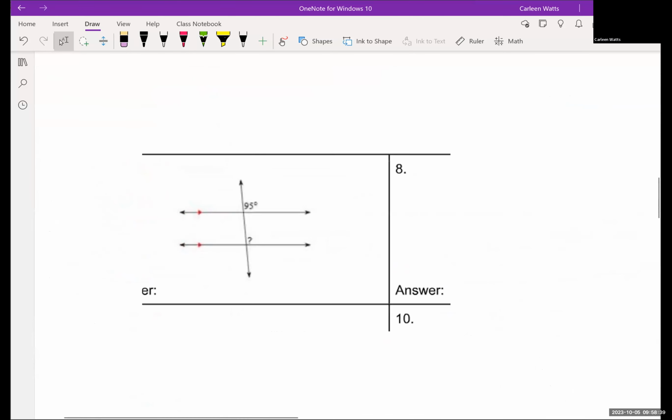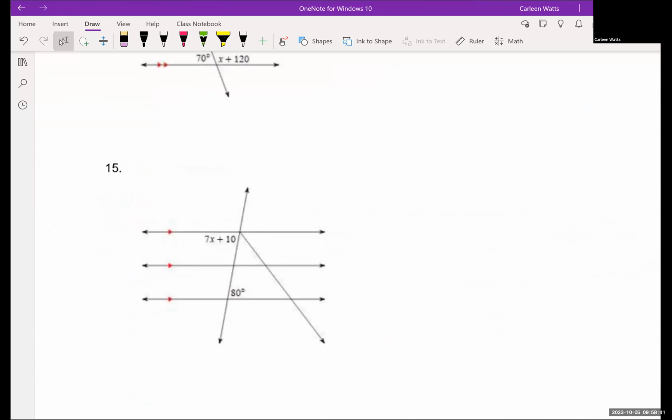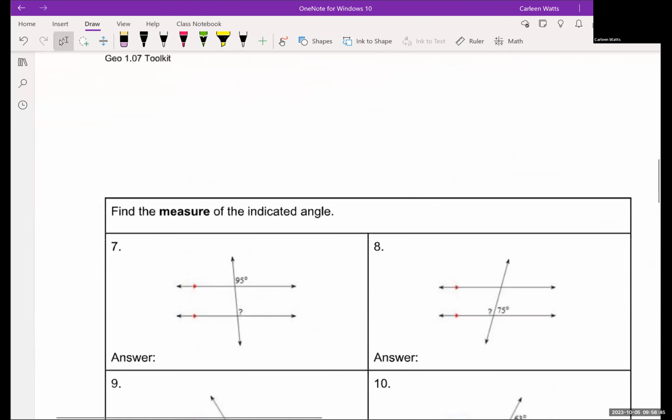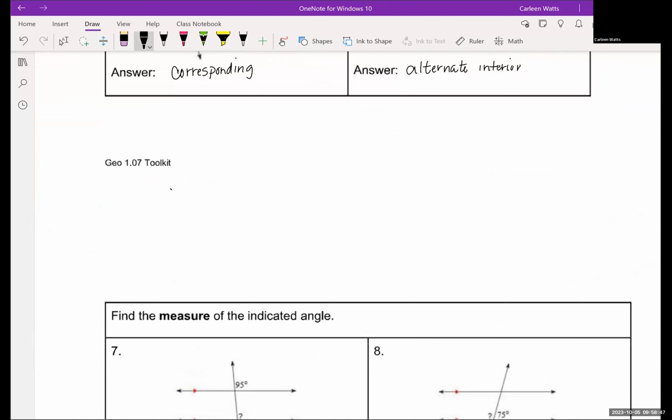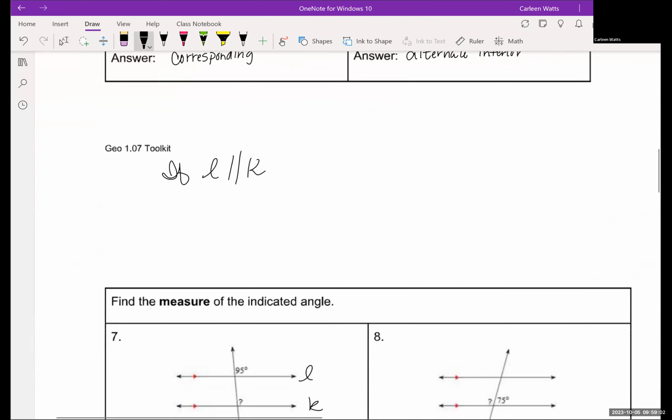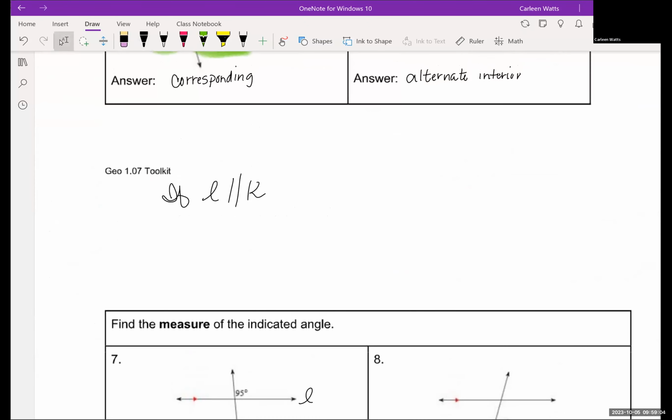Now, if lines are parallel, I'm going to say if L is parallel to K. Okay, so we're going to have line L and line K. That is not an 11, that is parallel to.